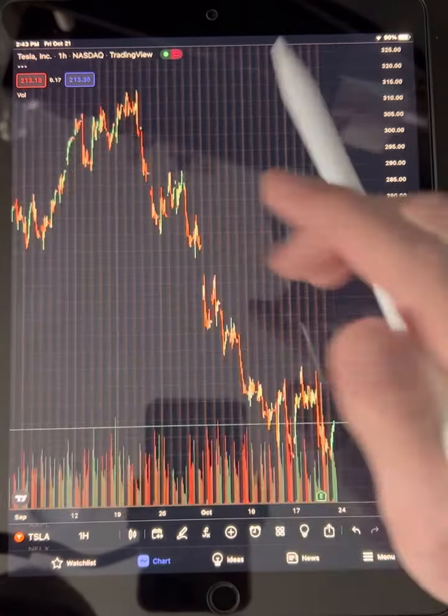If I can get it to zoom, right in here, this day right here. Let's see if I can see the exact time that I alerted it. Let me check on my PC.